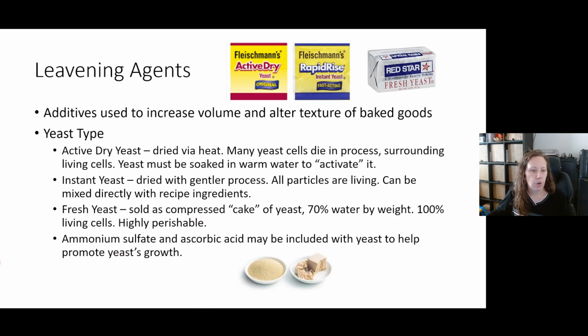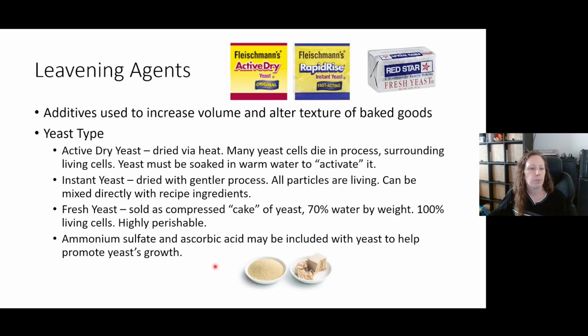Now, as an extra note, when you look at the ingredient statements on these, ammonium sulfate and ascorbic acid may be included with that yeast, and generally those are not really to protect the yeast in the package. They're to help the yeast grow when you add it to your product that you're making.